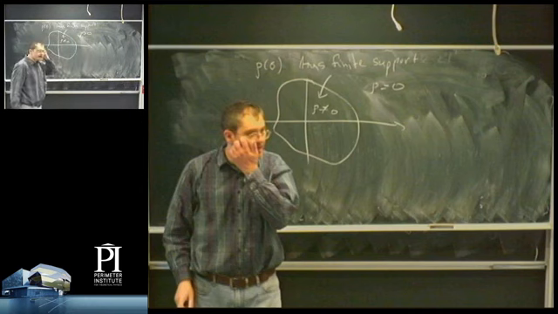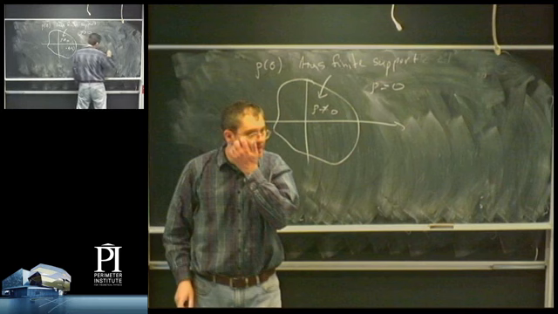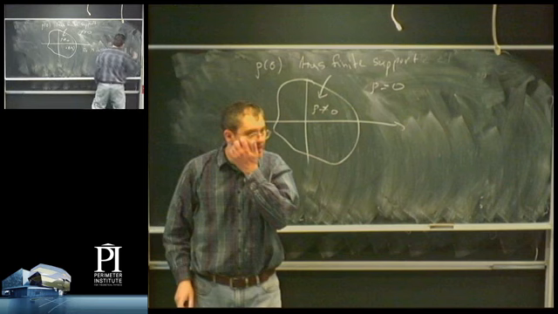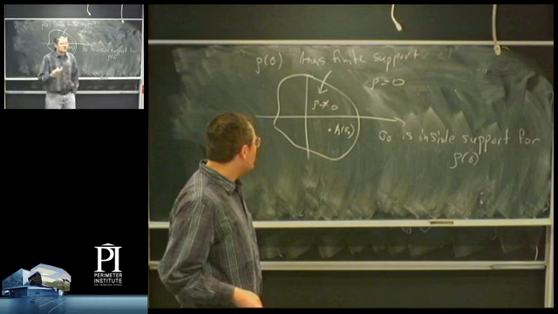So now what I am studying is one operator inside this region, inserted at point sigma naught. So sigma naught is inside the support for rho of sigma. Right? Remember, rho of sigma was an arbitrary function that we choose.